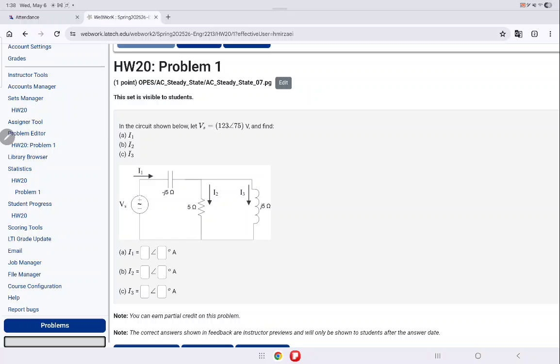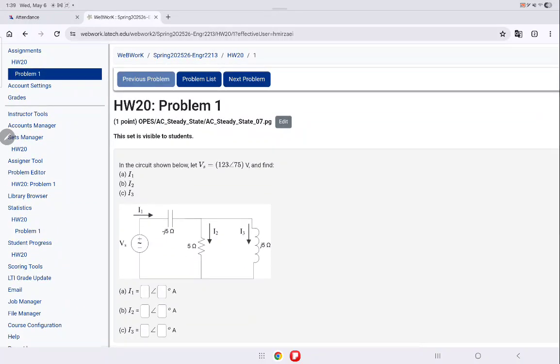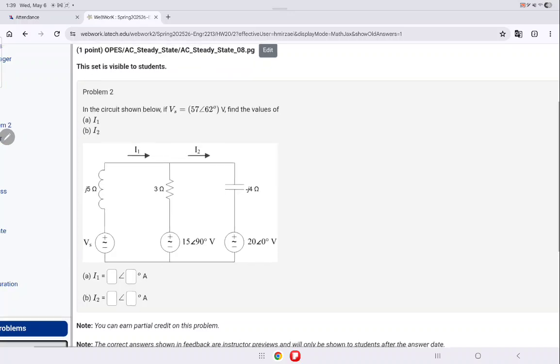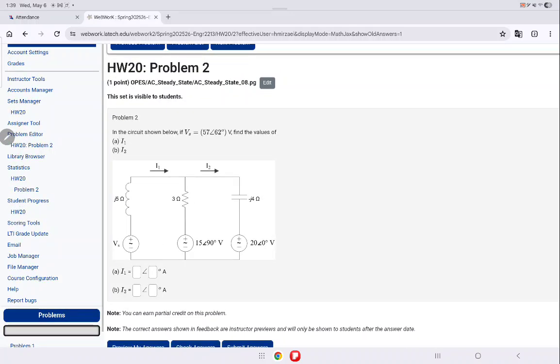Right? After you find I1, how do you find I2 and I3? Current division. This guy. Dumb way? No. Mesh. How about nodal?